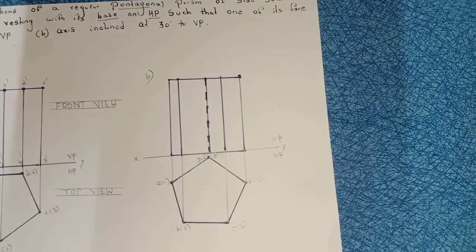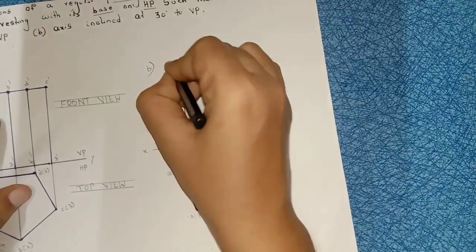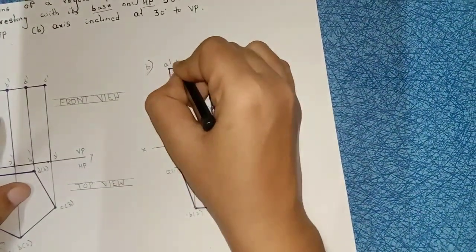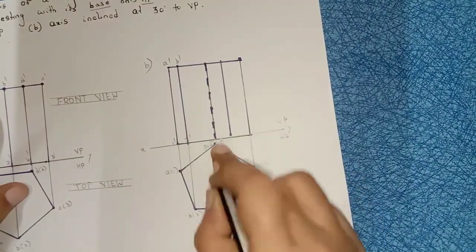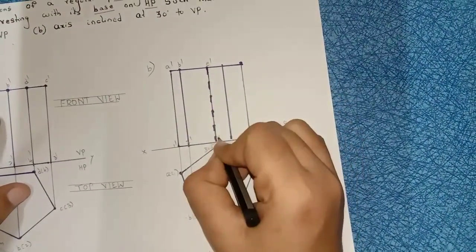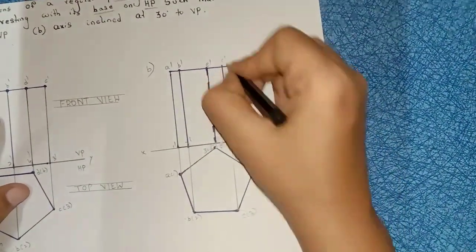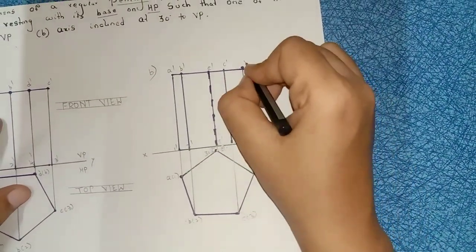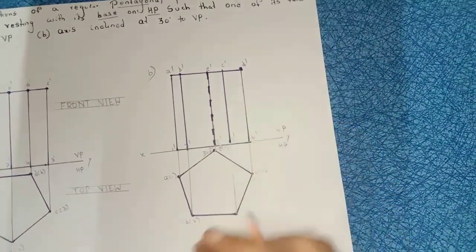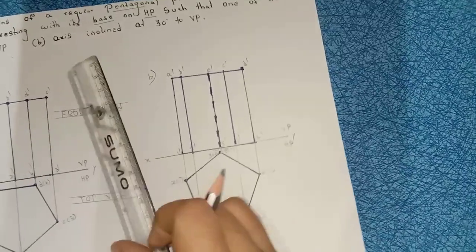Right, now here A dash 1 dash, B dash 2 dash, E dash 5 dash, C dash 3 dash, D dash 4 dash. Right, so this completes the problem.